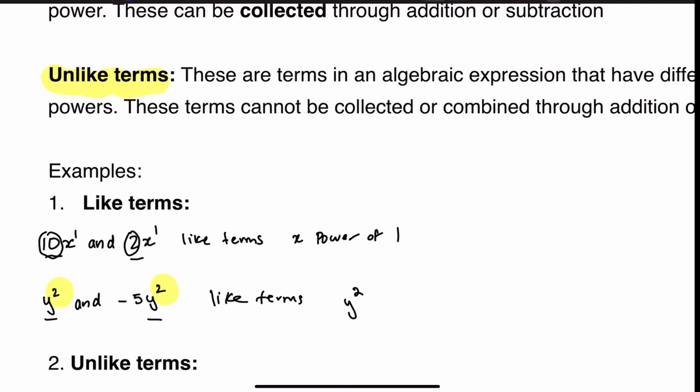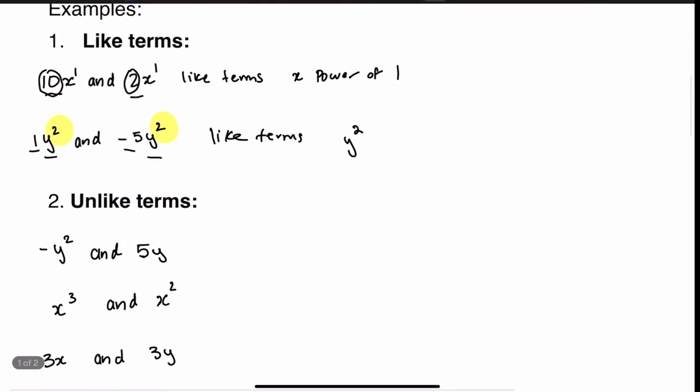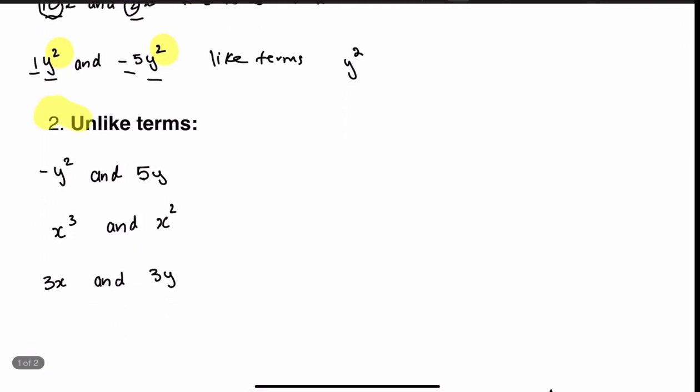These two are to the power of 2, hence why they're like terms, and the coefficients here won't really mean anything unless you're combining like terms to simplify, then the coefficients come into play. But other than that, they are like terms because the y is to the power of 2.